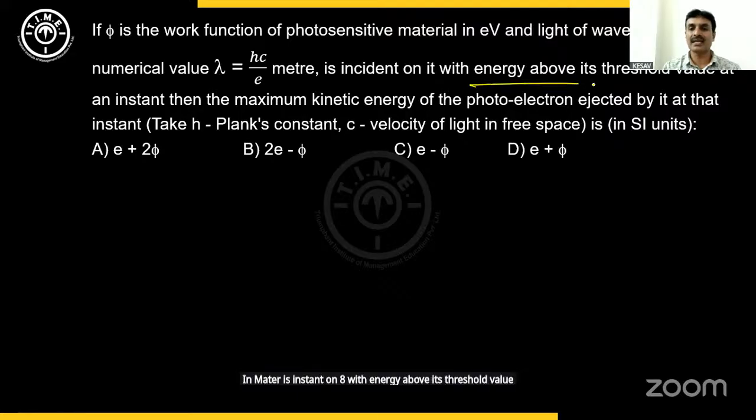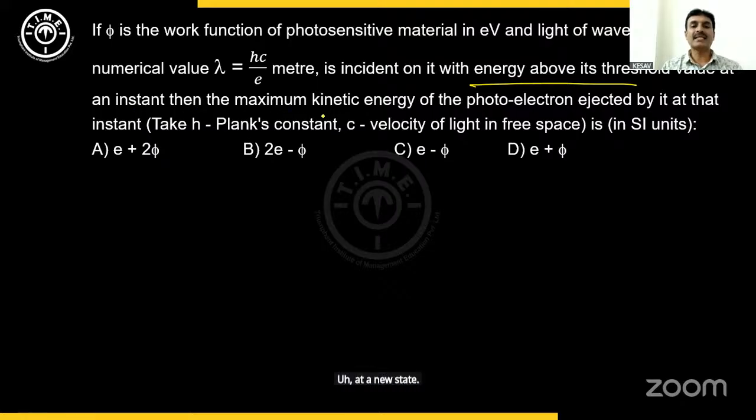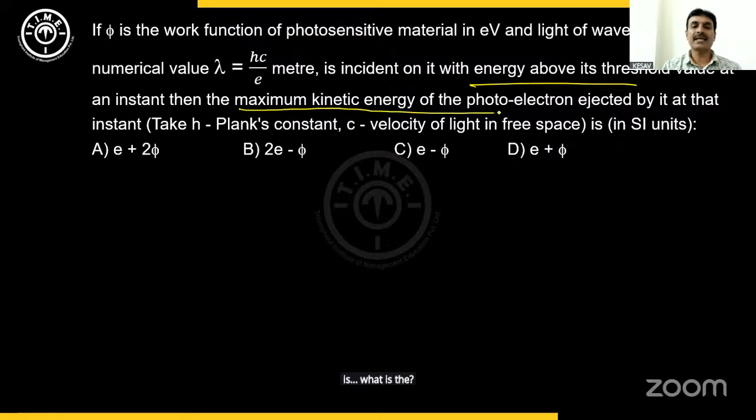That means photoelectric effect is taking place at an instant. Then the maximum kinetic energy of the photoelectron ejected by it at that instant is, what is the maximum kinetic energy of the photoelectrons emitted?